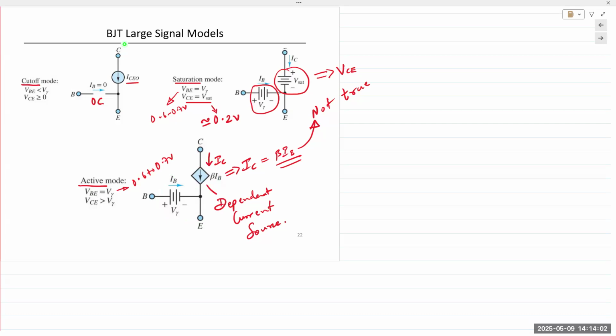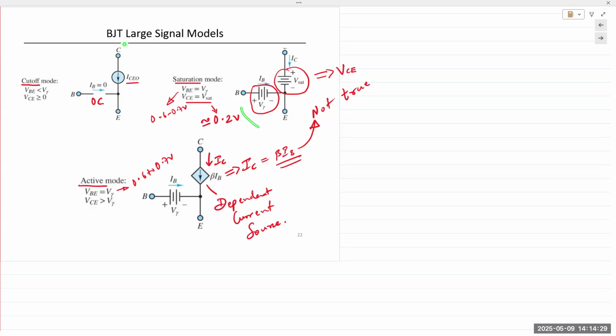So IC, which flows from collector to emitter, is a function of IB. The equation is IC equals beta IB. Because IC is not saturated, it increases or decreases linearly as a function of the base current IB, and the constant of proportionality is beta, the current gain.